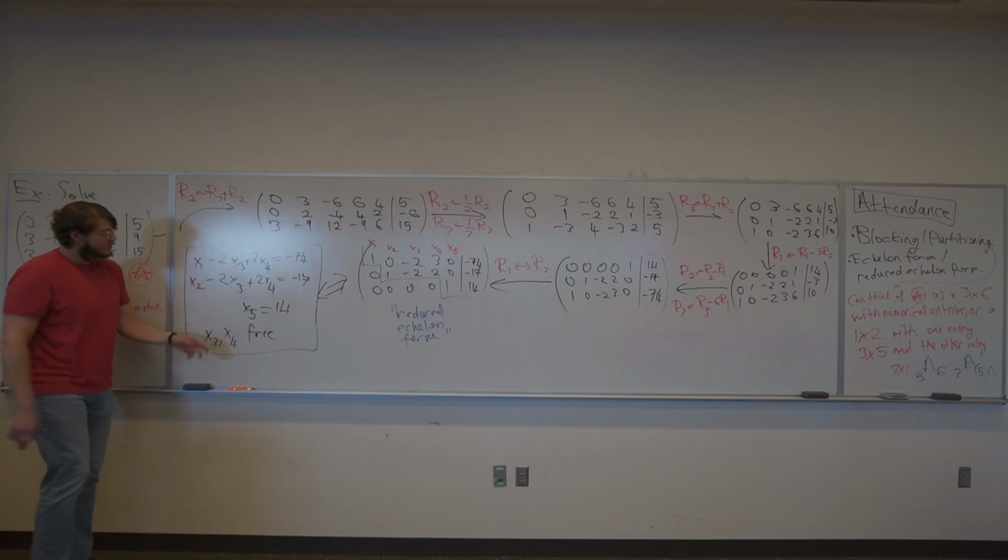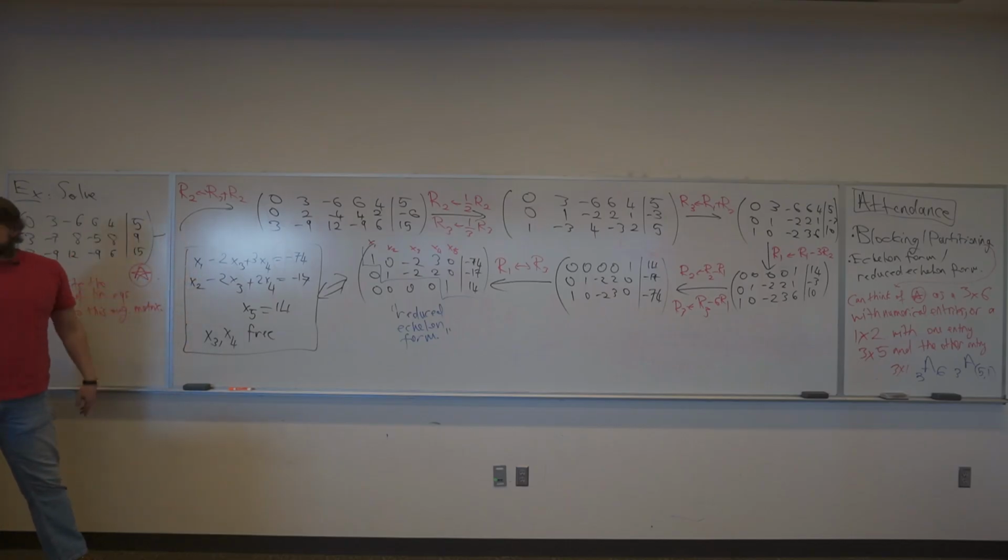So ultimately it doesn't matter what you call free. What really matters is that two of the 5 variables are free. So, like we were doing before you introduced the matrices, where we would take the negative 2x3 and the plus 3x4 to the other side, so we have x1 equals something because that depends on x3 and x4. Is that it? Yes, free. Yes.